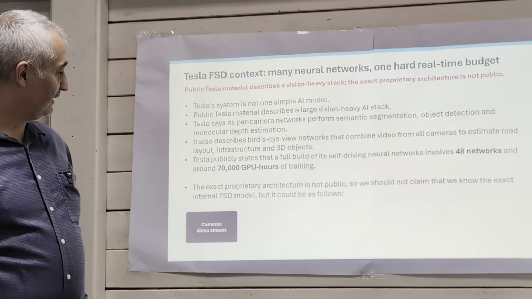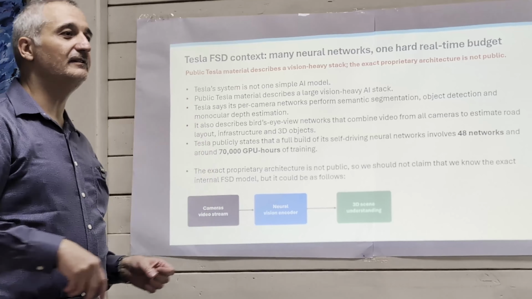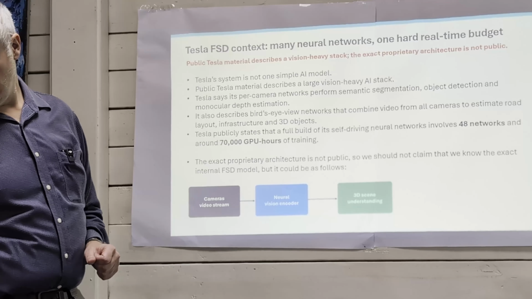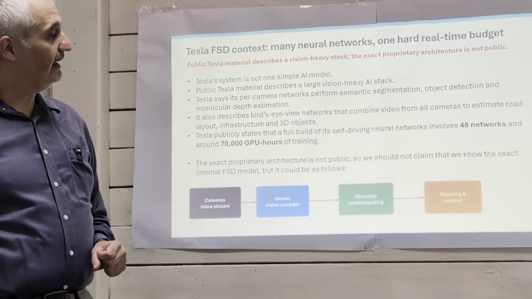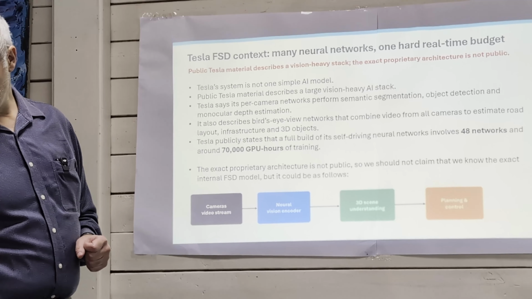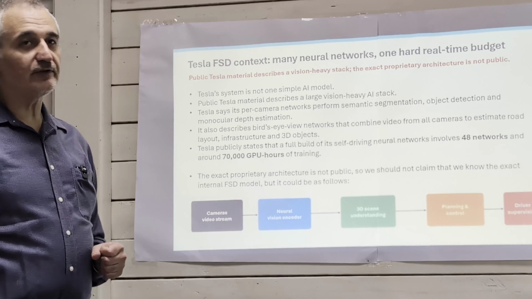We don't know the exact architecture, but it's probably something like this. Obviously, we have the cameras, the video streams coming in, the neural vision encoder, 3D scans, and scene understanding, so figuring out what's what, like lanes, signalization, and so on. And then there's the planning part, and of course the driver supervision.